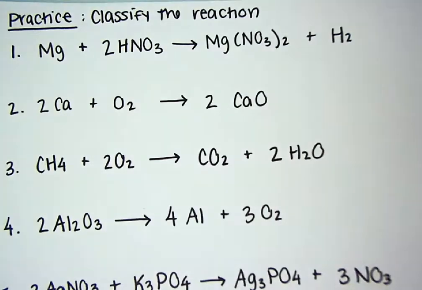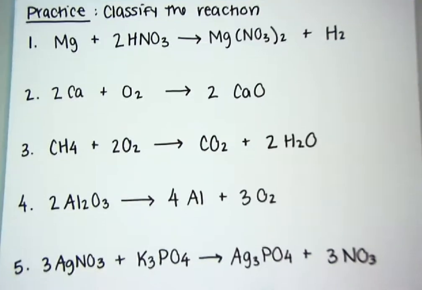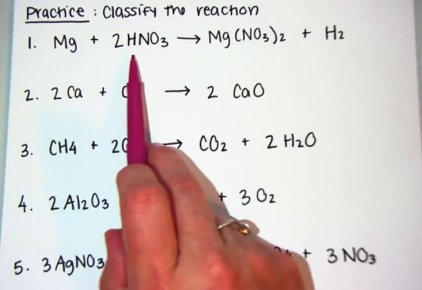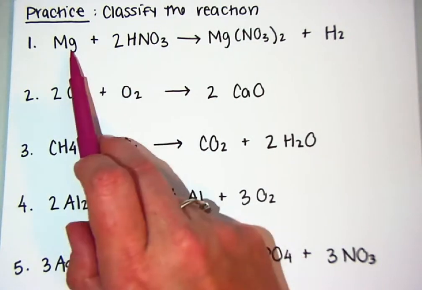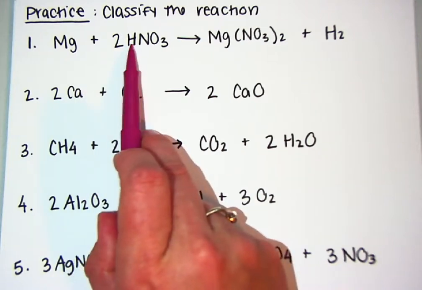So now that we've gone over the 5 basic types of chemical reactions, we're just going to do a little bit of practice. You should be able to look at these 5 reactions and classify them. So for the first one, I have a single element reacting with an ionic compound. Notice that magnesium comes in and replaces hydrogen.